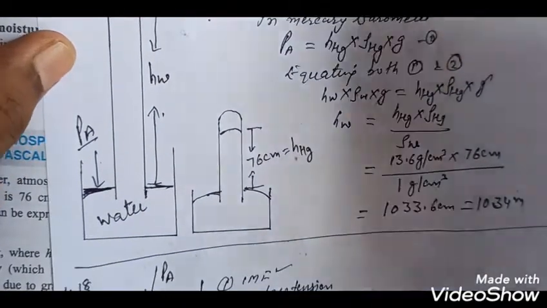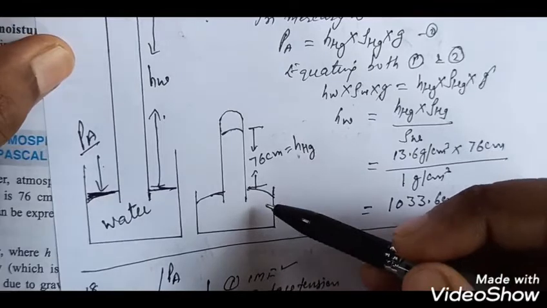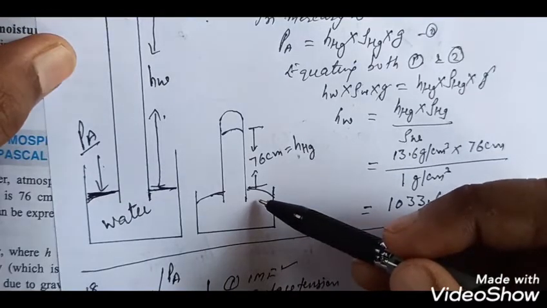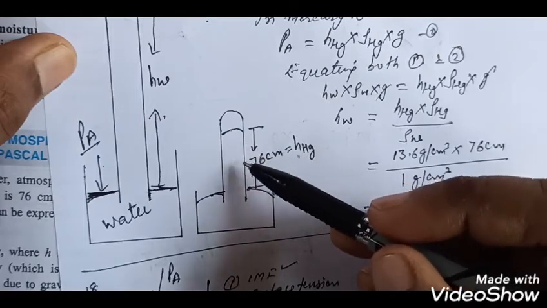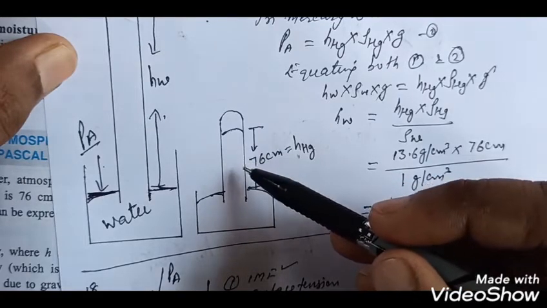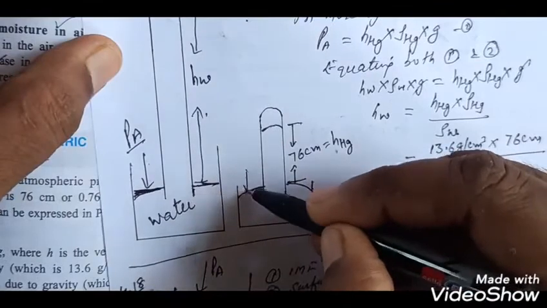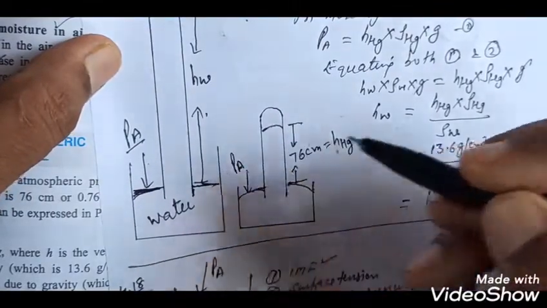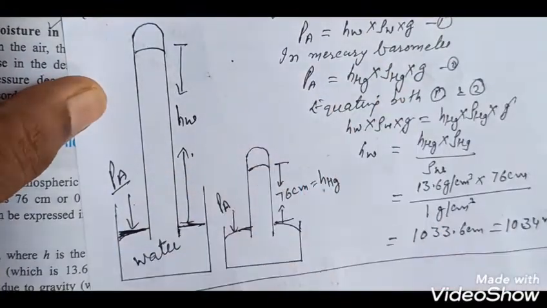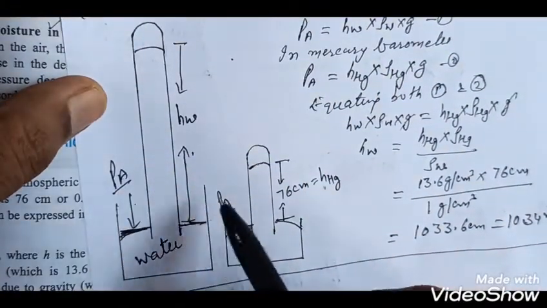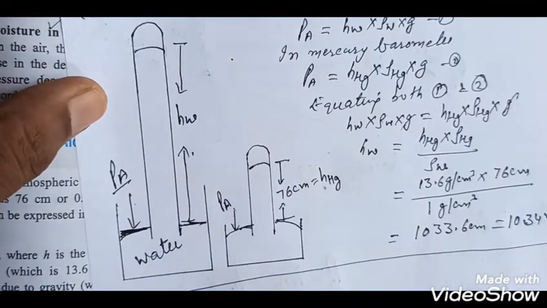And I have also shown a mercury barometer here. And you know, at sea level, 76 centimeter height of mercury in the barometric tube supports atmospheric pressure. Both these barometers are at the same place, so naturally atmospheric pressure is the same.